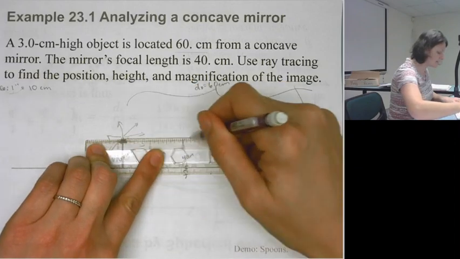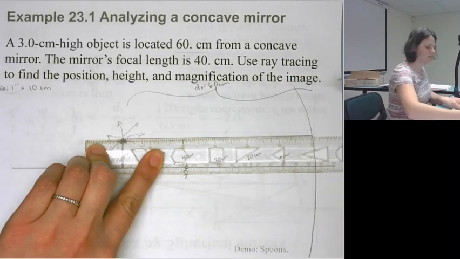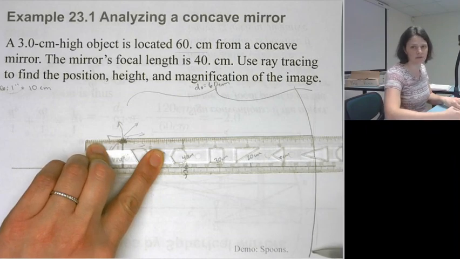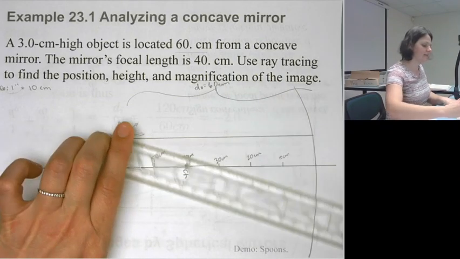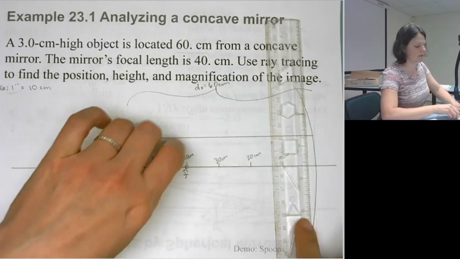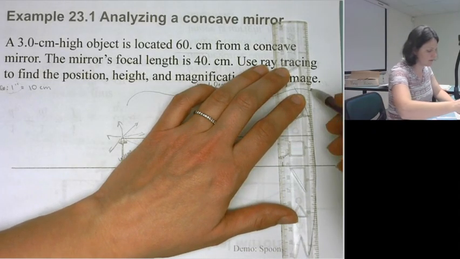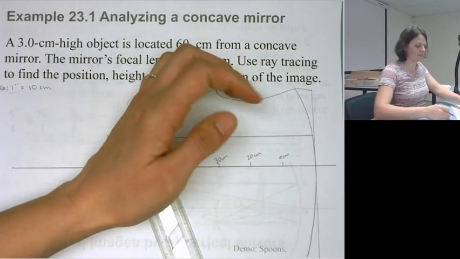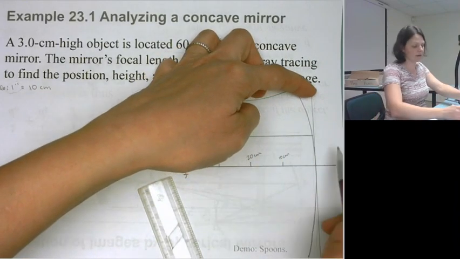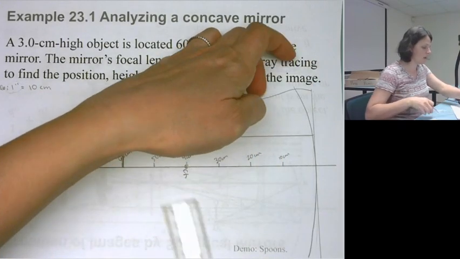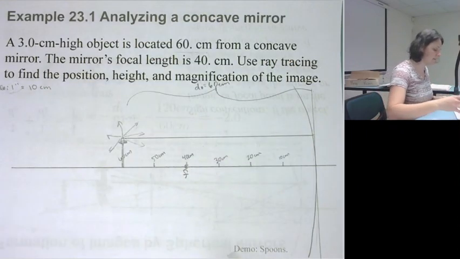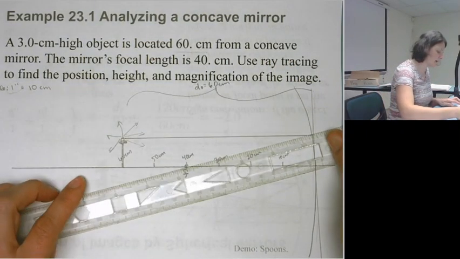And this can be sensitive to how perfectly you drew the curvature of your mirror, which is unfortunate. Rather than relying on the curvature of my mirror to be perfect, I just draw a straight line here and draw all my rays as though they go to the straight line. So it goes in parallel and it turns and it moves out to the focal point.